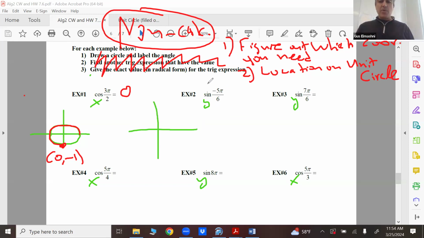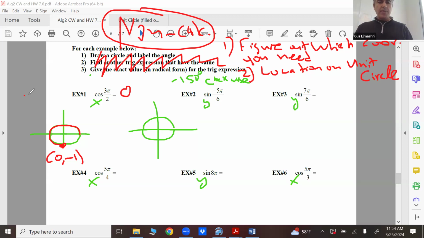Okay. Negative means going clockwise. Remember 5 pi over 6 is over here? It was 150 degrees. So we're going the other direction now, so that's going to be negative 150.